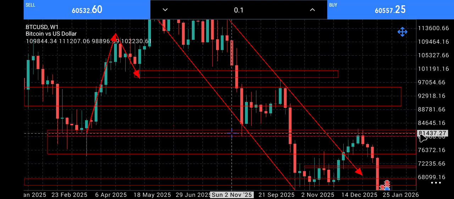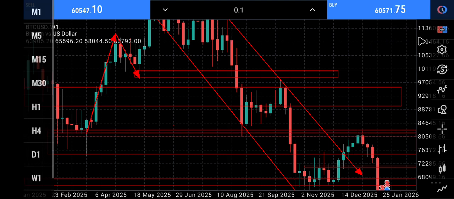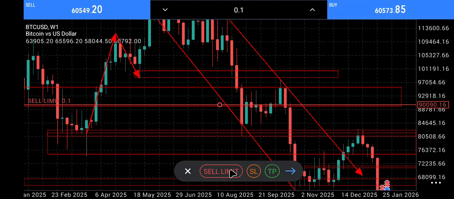My sell limit will be at 81,434.27. So I'll come to this circle, click it, then click this arrow.